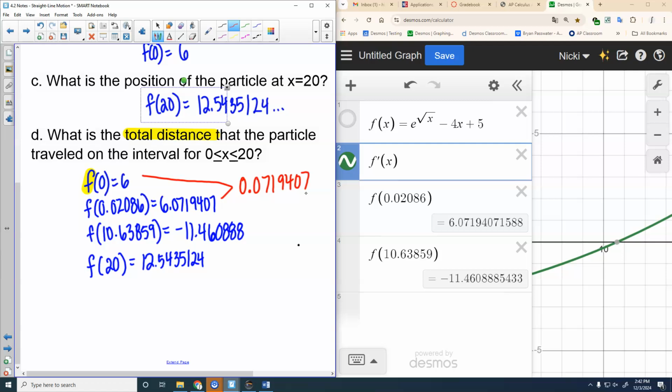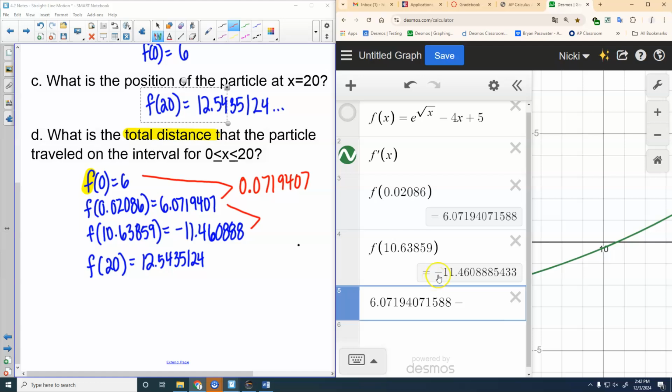That's your one step in the right direction you took before you said, nah, I'm going to this one instead. Then, from here, we don't care about signs. We just want to know how far it was from positive 0.0719407 to negative 11.406. So we're going to subtract those two. We'll take this number and subtract this negative number, which is actually like adding it, right? And we'll get 17.5328.